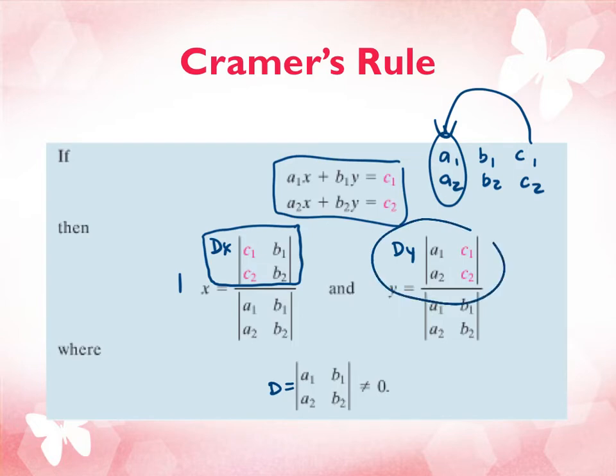For d sub y, I keep the x's, remove the y's, and plug in the constants in their position. And then for just d, I keep the x's and the y's. To find the x value, I'm going to do d sub x over d, and to find the y value, I'm going to do d sub y over d.